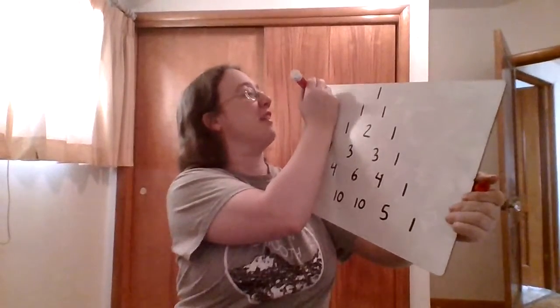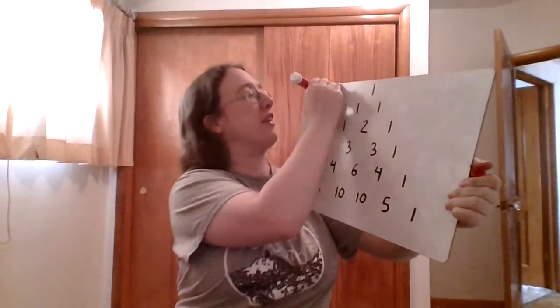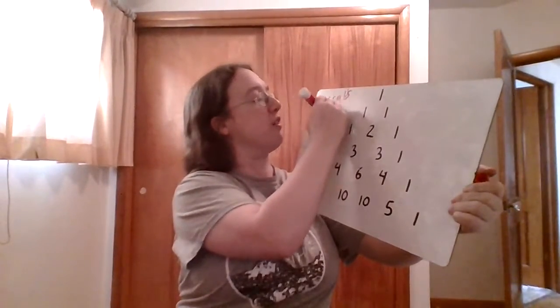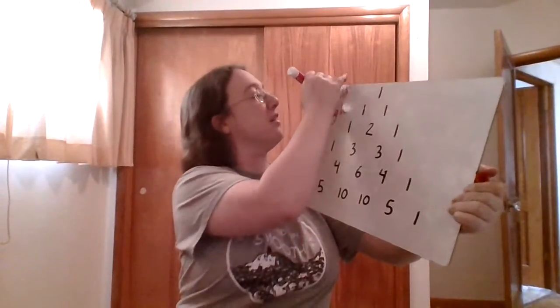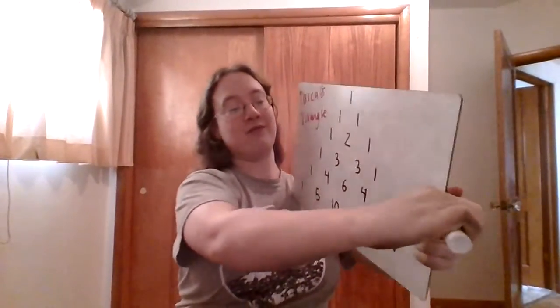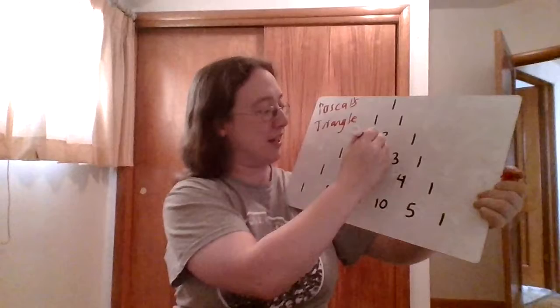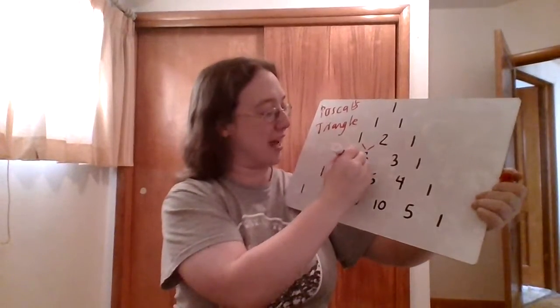But in order to look at that, first we're going to look at a thing called Pascal's triangle, which may or may not be something you've seen before. This is Pascal's triangle, might have popped up in science. What's going on with this triangle is if you take a row, each of these numbers is coming from adding the two numbers above it diagonally.